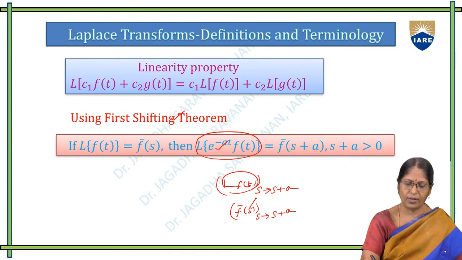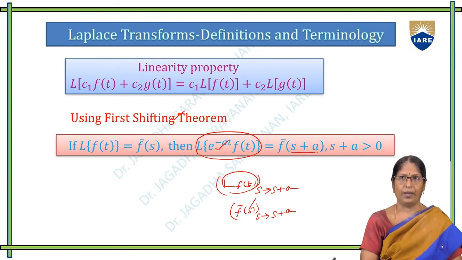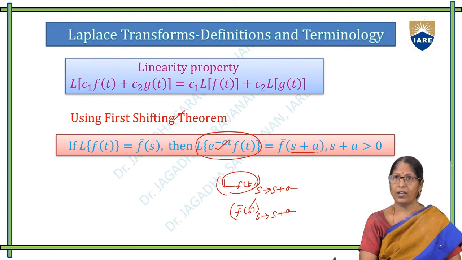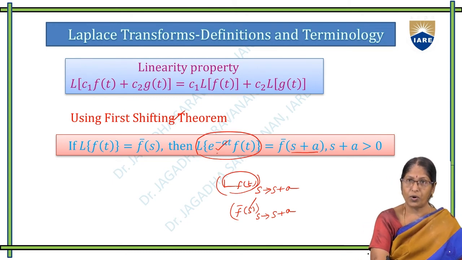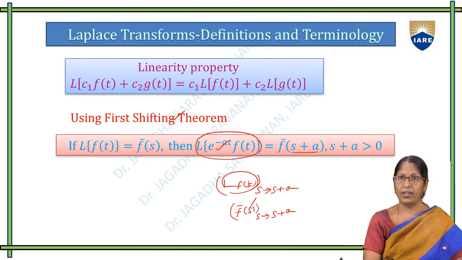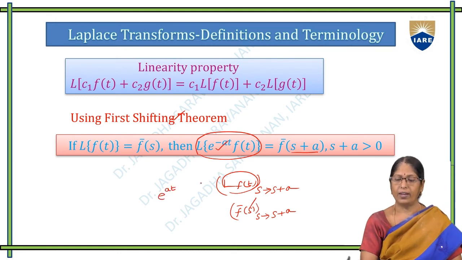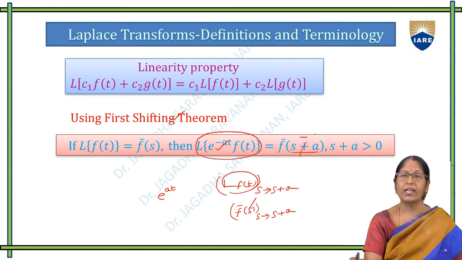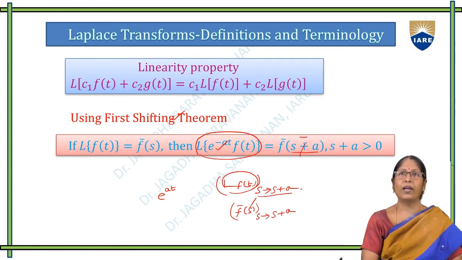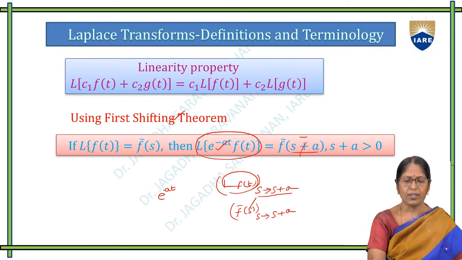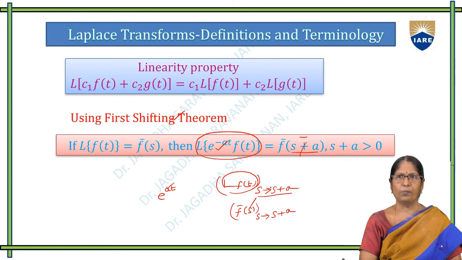We can see it here, s plus a. In case, instead of e power minus at, it is e power at, then it becomes s minus a; that is, s is replaced by s minus a, just the opposite signs. If it is plus here, minus there, and plus here, it is easy to remember.